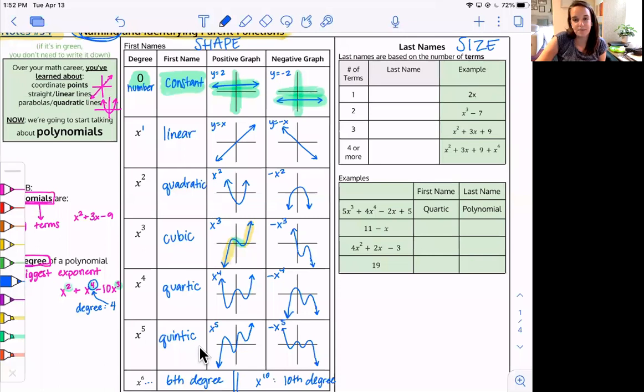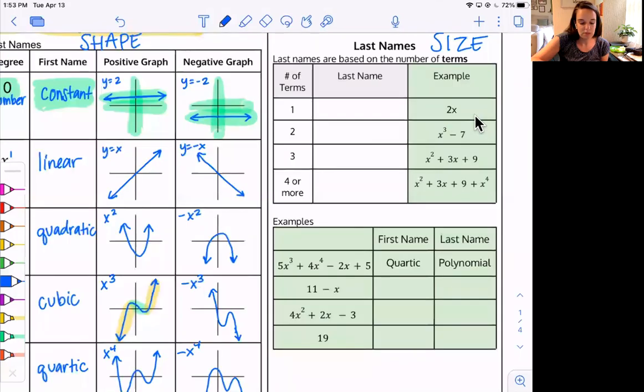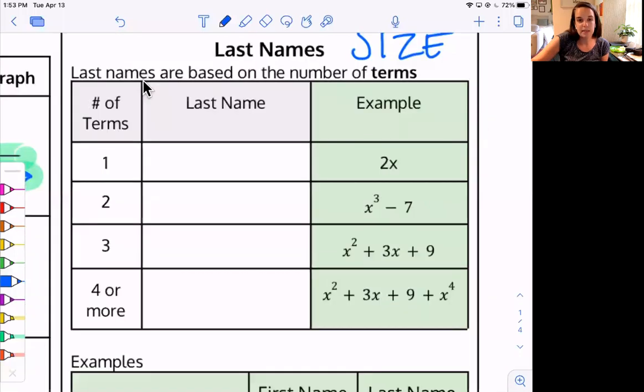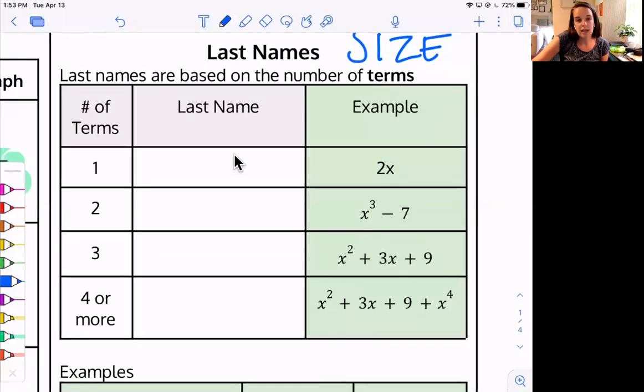They also have last names, and last names are a little bit easier. Their last names are just based on how long the expression is. So in this one here, it's based on the number of terms. You don't have to write this, it's in green, but see how the number of terms is 1. There's just 1 term here.